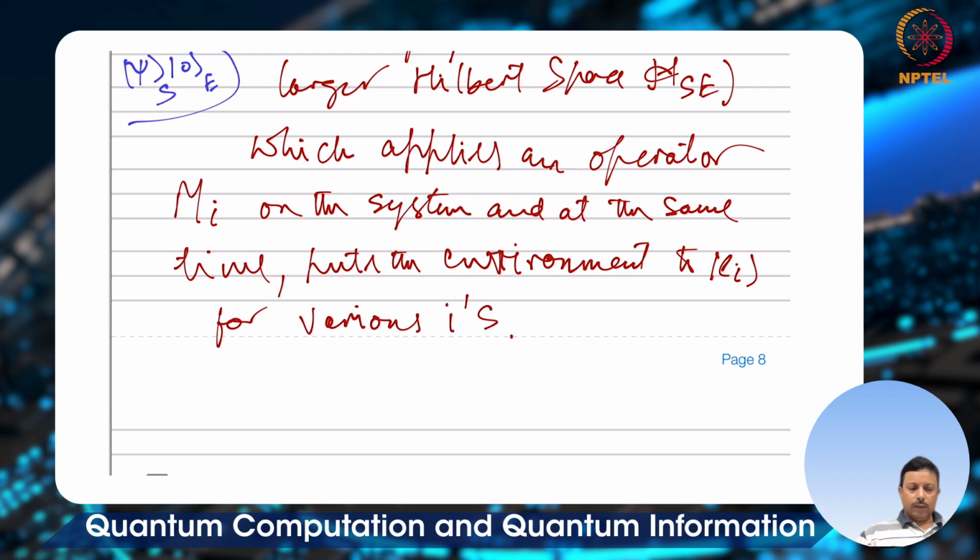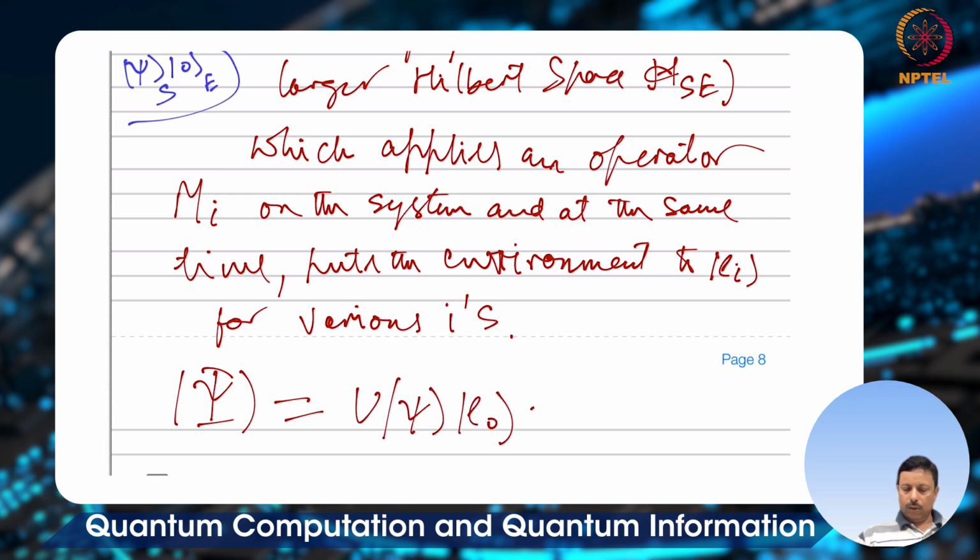I'm deliberately choosing a different notation. So in the full Hilbert space of system plus ancilla, U psi E naught is equal to the sum over i of M_i psi times E_i. The E_i's are the environmental states. This is equation number 4.